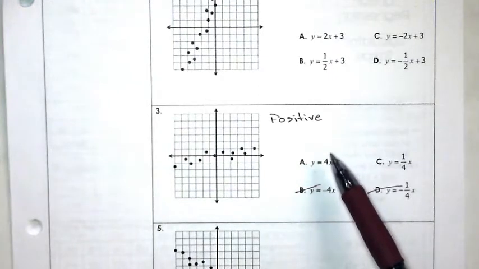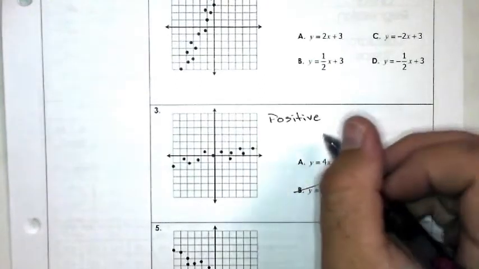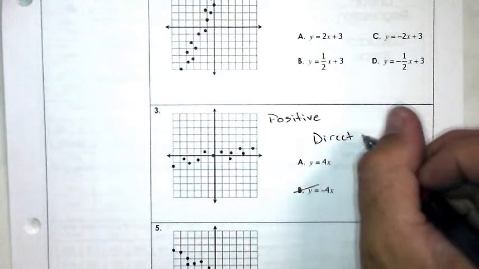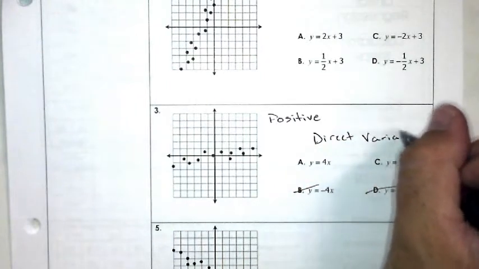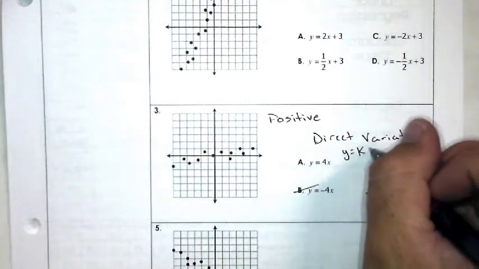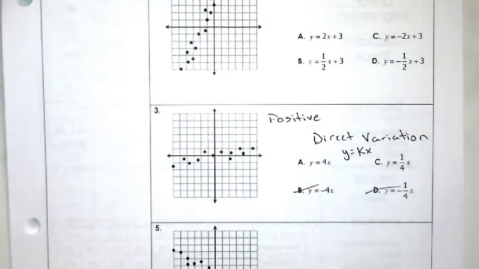If I have an equation with no y-intercept, it's proportional, which is direct variation, which is y equals kx. Y'all learned that last class? Oh. I forgot. Yeah. See, this is why we're extending our unit a day.